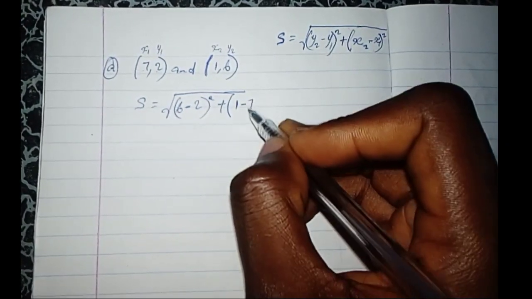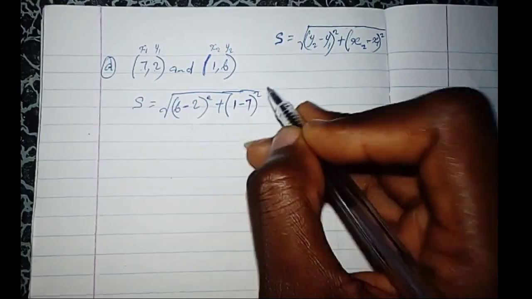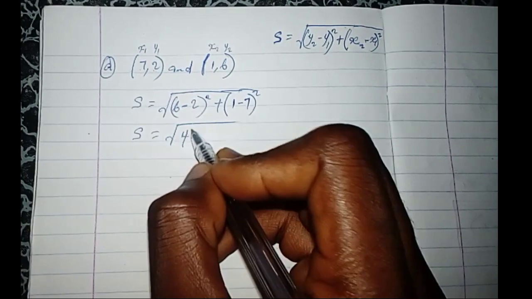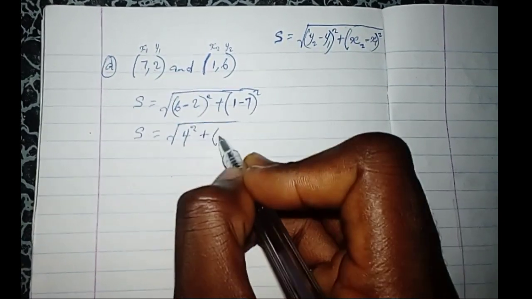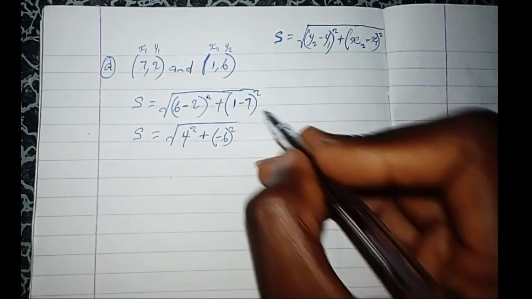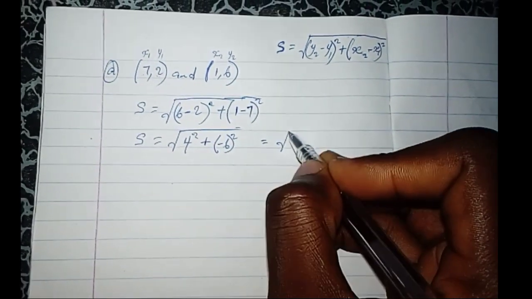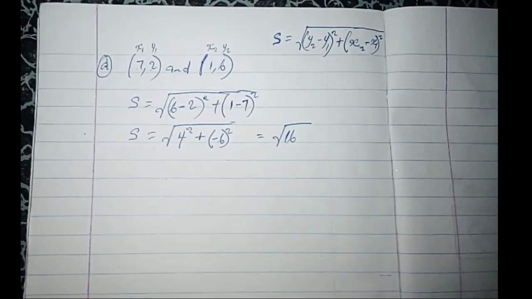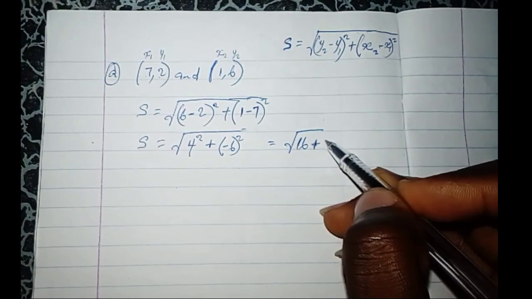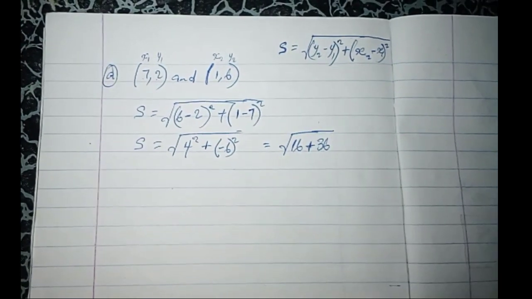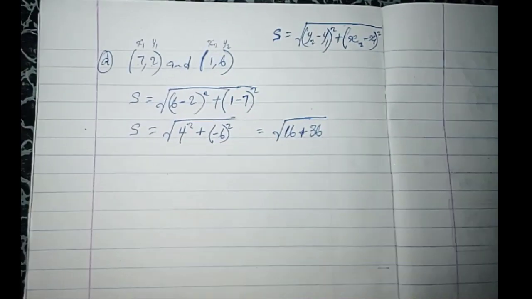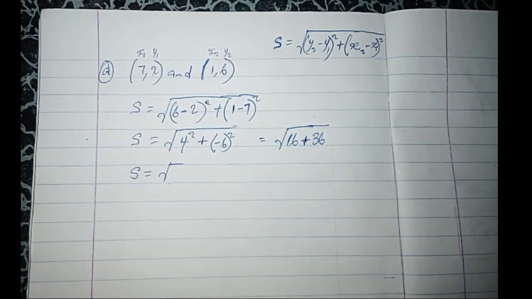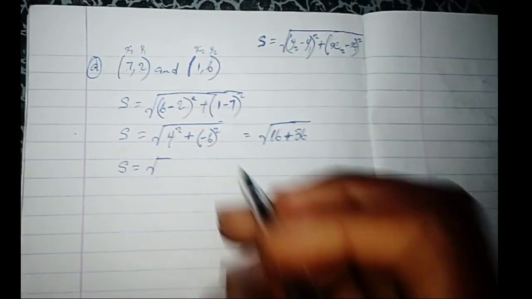So inside the bracket this would give us 4 squared plus negative 6 squared. 4 squared is 16, negative 6 squared is positive 36. So 16 plus 36 is equal to the square root of 52.